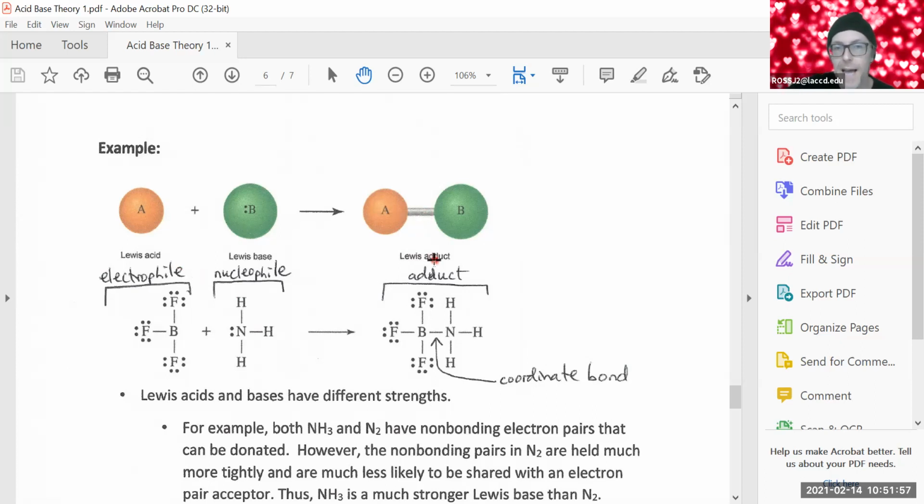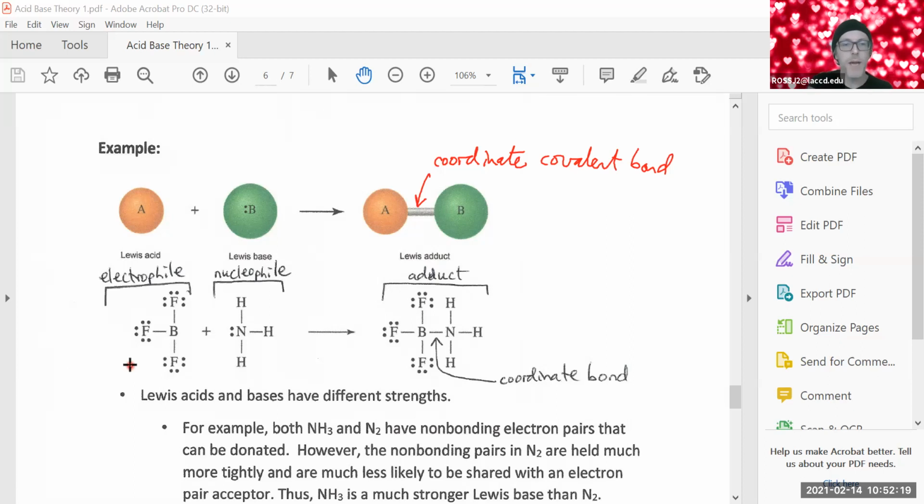We can form the Lewis adduct, which is the structure, but the coordinate bond is the bond that actually forms the adduct. So this is the coordinate covalent bond that produces the adduct.